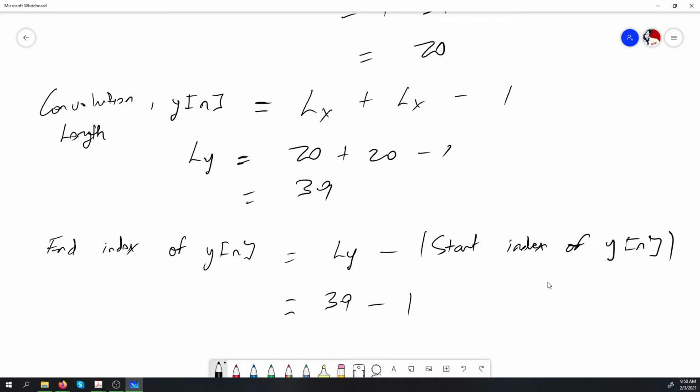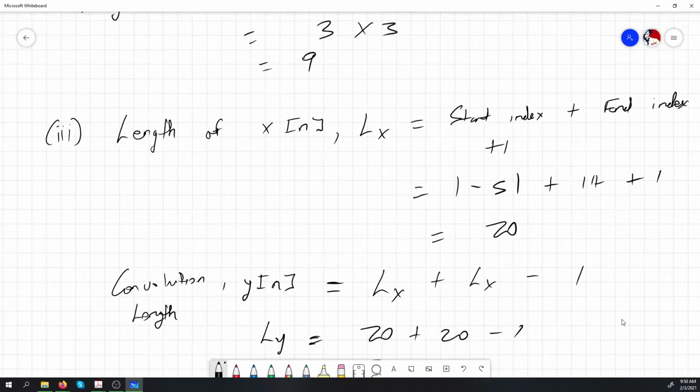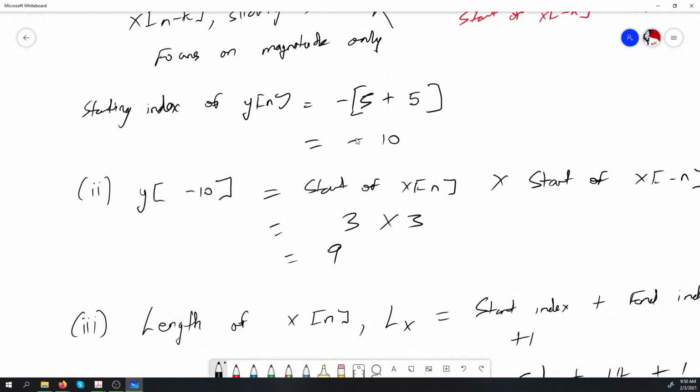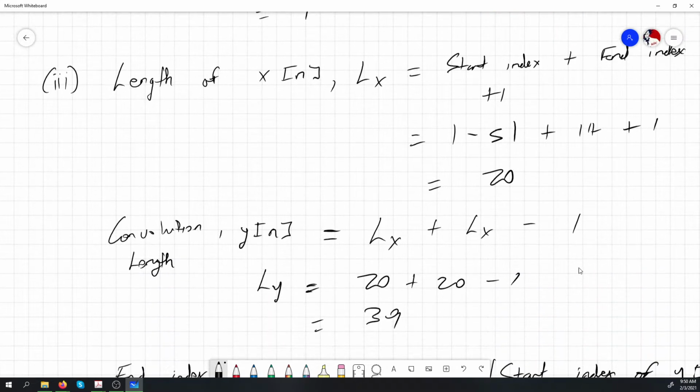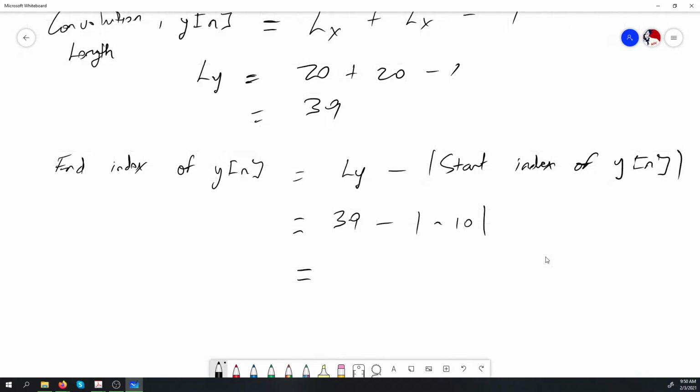So the start index of y of n, which we calculated just now from part 1, was -10. And we're just going to be taking the magnitude of this, because it's calculated for the end index of y of n. So it comes out to 39 minus 10. So we get the end index here being a value of 29.